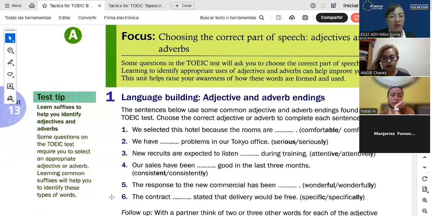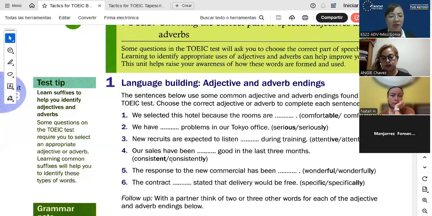And four? Consistently. Our sales have been consistently good in the last 3 months. So regularly. Wonderful.